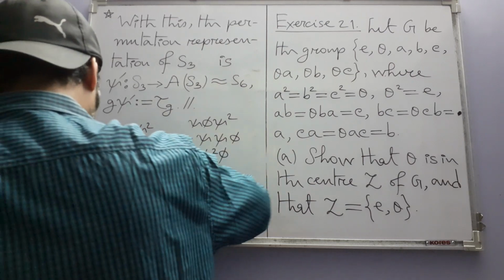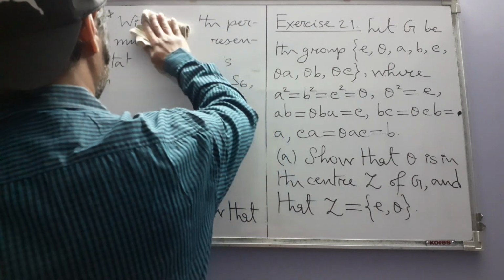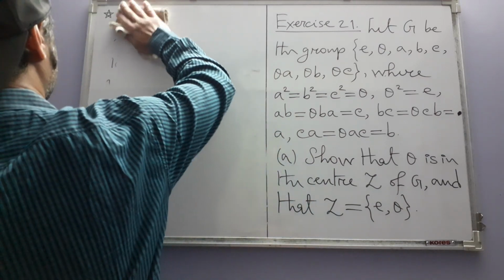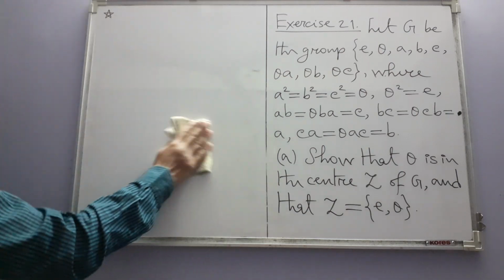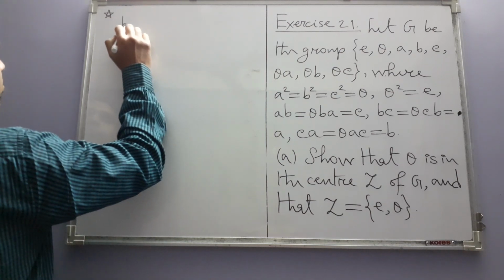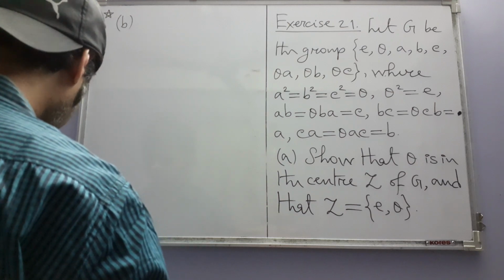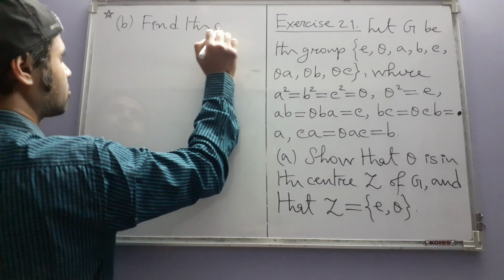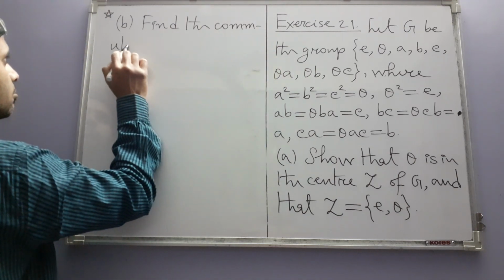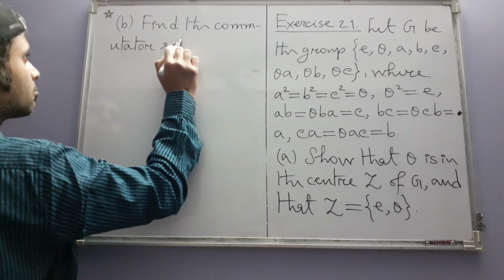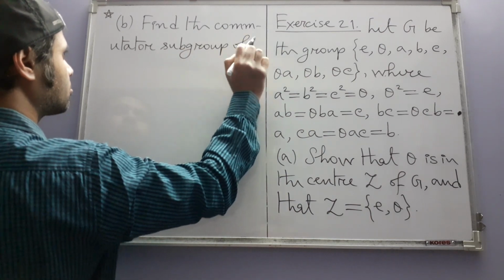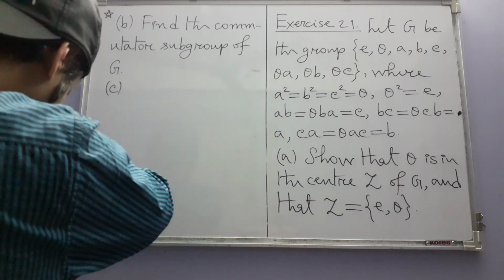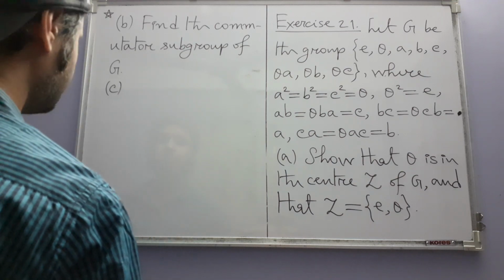Next, part B. In part B, we have to find the commutator subgroup of G, that is the derived subgroup of G. Part C. Show, and this is a very important property of this group, that every subgroup of G is normal.